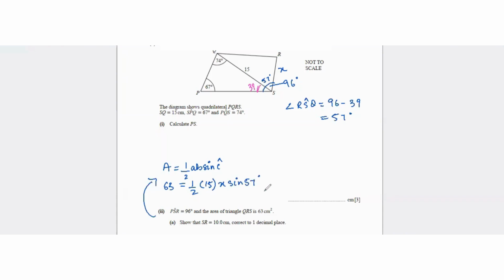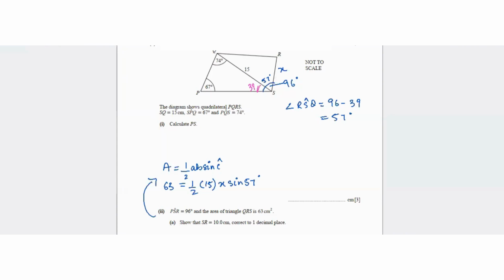Now always remember that this formula for the area of a triangle is only applicable in those cases where you have two lengths and the angle between them. Over here, we have one length and an angle, and the second length that they're asking us to find, the unknown value, is the length which is with the angle.